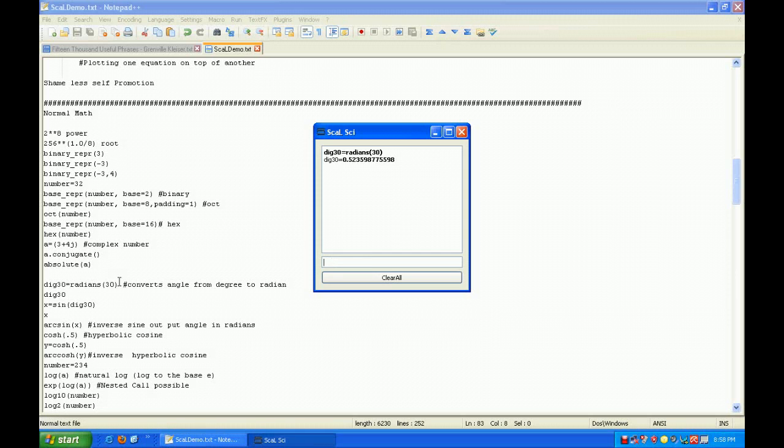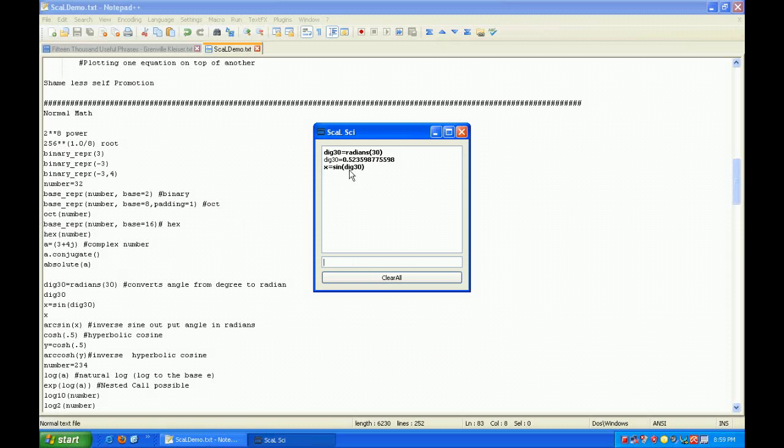We have sine, we have all functions like sine, cos, tan, hyperbolic sine, hyperbolic cos, and together with inverse functions, inverse trigonometric functions like inverse sine, hyperbolic inverse sine.